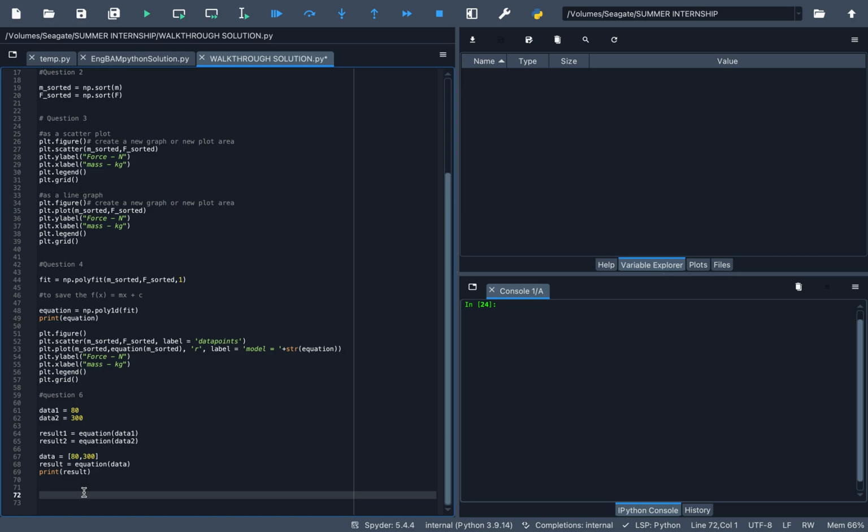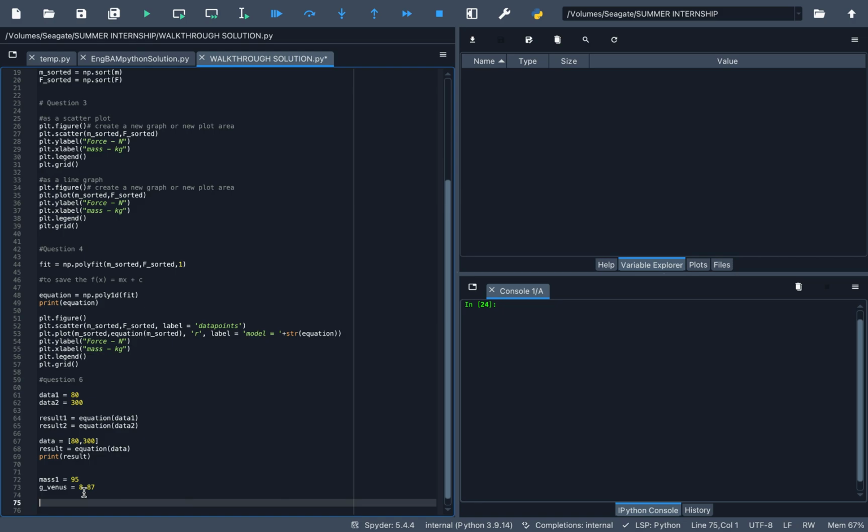So I would go mass 1 equals 95 kg, and I'll go gravitational constant in Venus, so G underscore Venus is equal to, in this case, 8.87.